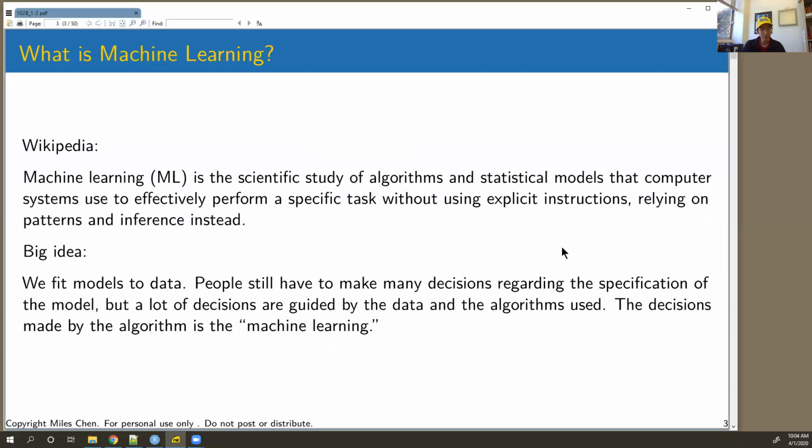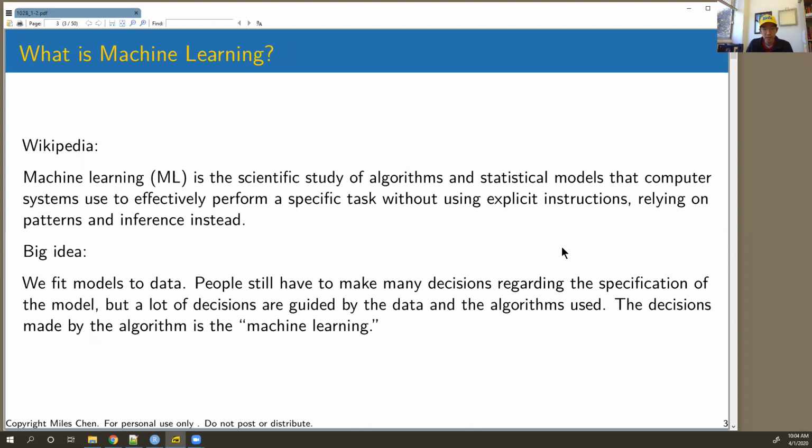But the big idea there is that we are going to fit statistical models to the data, okay? And humans, researchers, still have to make a lot of decisions regarding which model to use, how to specify that model, and things like that.